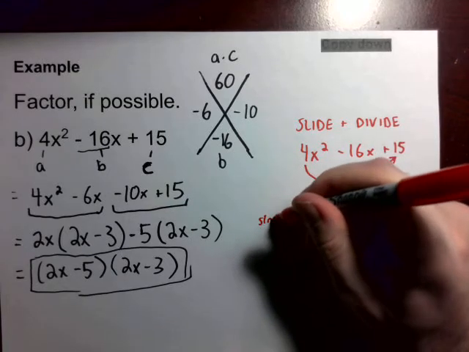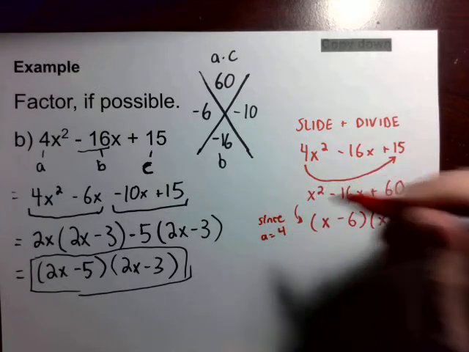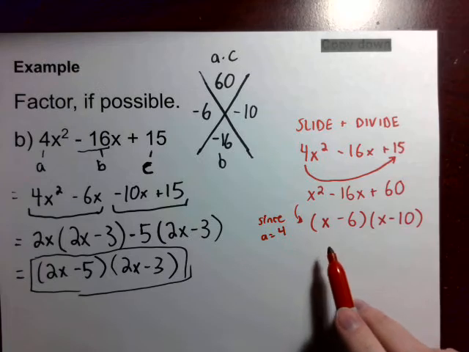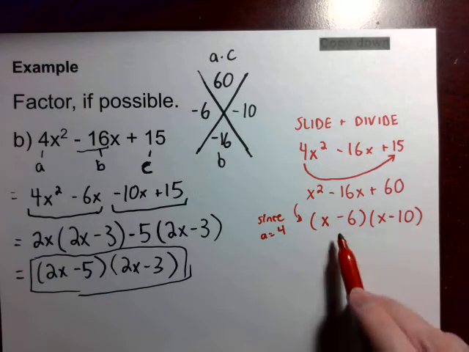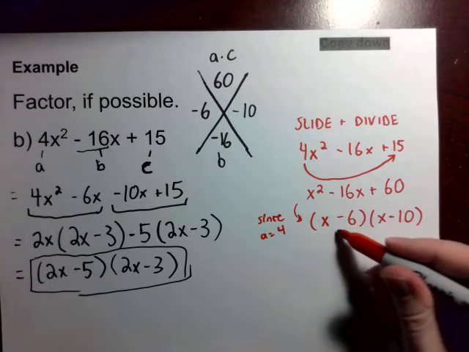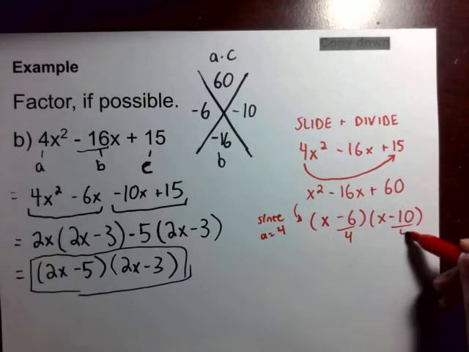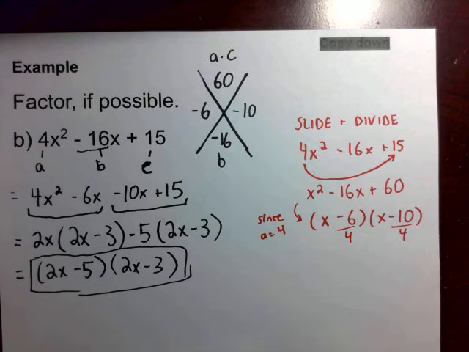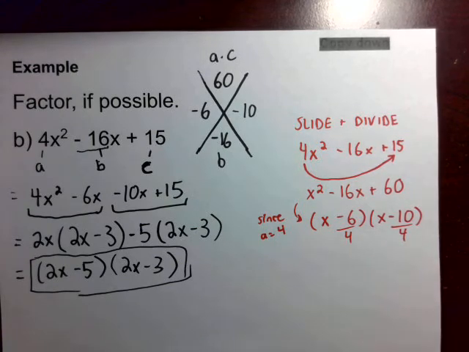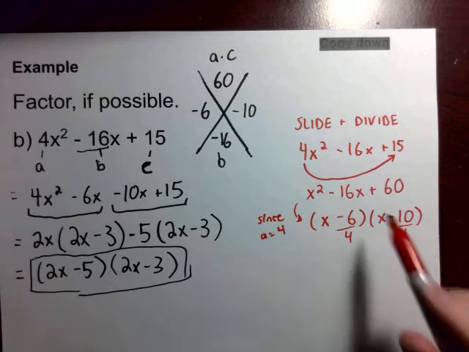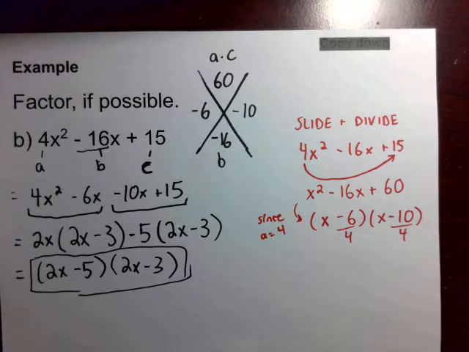And since the a value is 4, what we're going to do is divide each of these integers within the brackets by 4. And with the slide and divide method, here's another thing you have to remember.